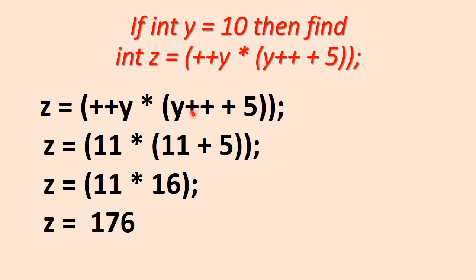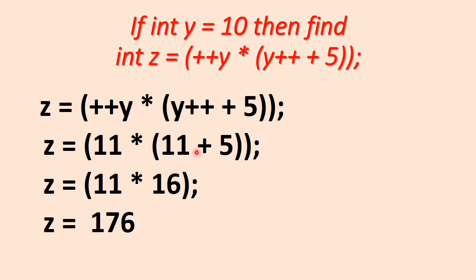So first it will use the last value of y. What was the last value of y? 11. Okay, so it will use 11 only for y and then it will increase. So it will use only the last value of y, 11. Now it becomes 11 plus 1, 12. But here it will use only 11 plus 5.